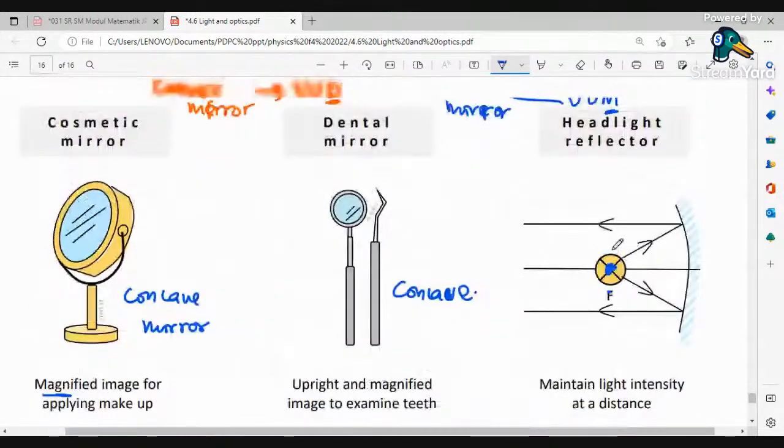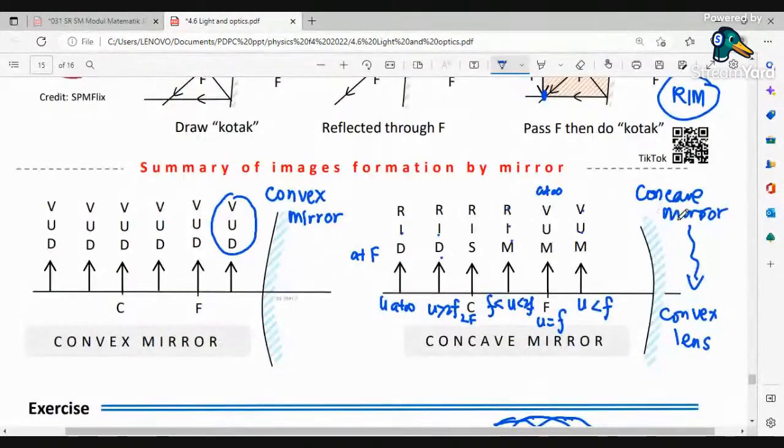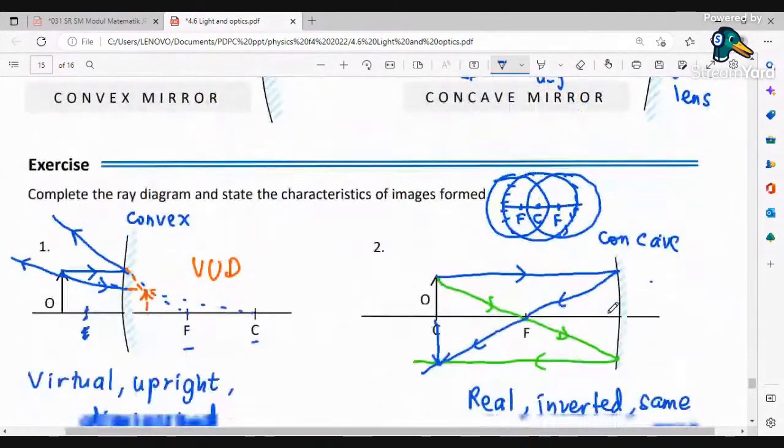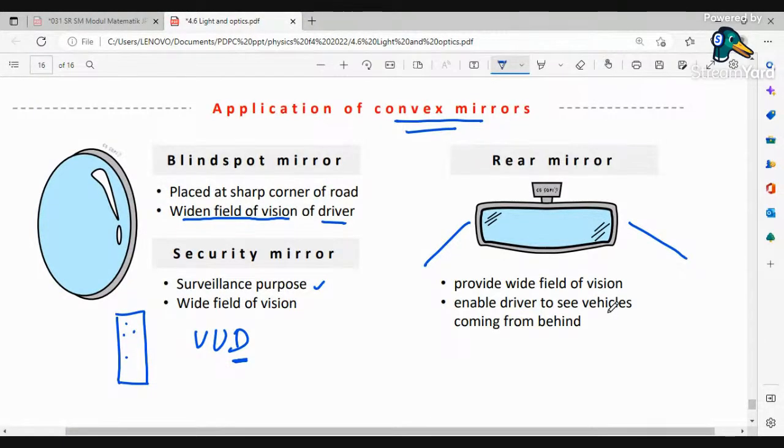Okay, so for spherical mirrors, same as lenses, you need to memorize. If possible, better memorize. The characteristic of the image depends on its object distance. Okay, so for mirrors, there is no calculation. Only for lenses there is.